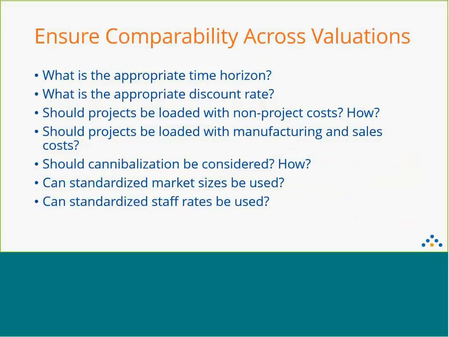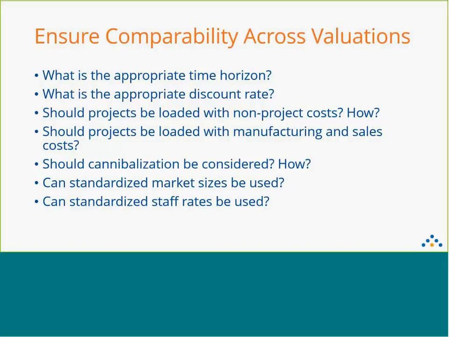As you consider your metrics, keep in mind that those metrics won't be worth anything unless you ensure comparability across the valuations that you perform. So those valuations have to use a common time horizon, common discount rates. They should all have the same type of cost accounting, be it loaded or non-loaded. The currencies should be similar, or there should be conversion factors between them.